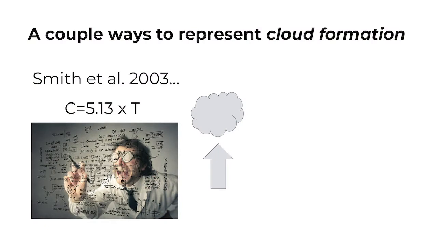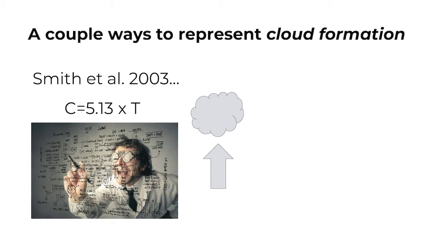Let's take a look at an example here with cloud formation. Let's say this one scientist, Smith, after years of observational study and doing lots of analysis and research on the subject, comes up with his own theory for cloud formation connected with temperature. And as a result, he creates this particular equation that relates cloud formation with temperature.